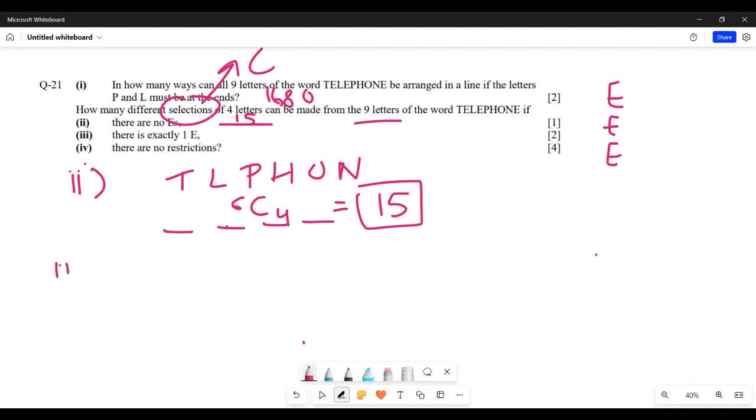Okay, next is there is exactly one E. So E can be anywhere since it's a selection, so that's combination. The sequence does not matter. So one of the spots has been taken by E, but the other 3 slots are available for the remaining 6 letters. So 6C3 times 1 or just 6C3, which is 20.